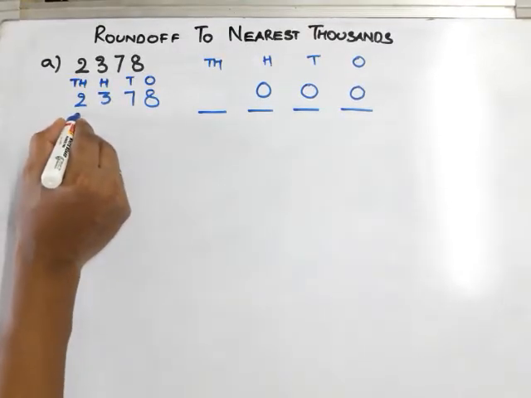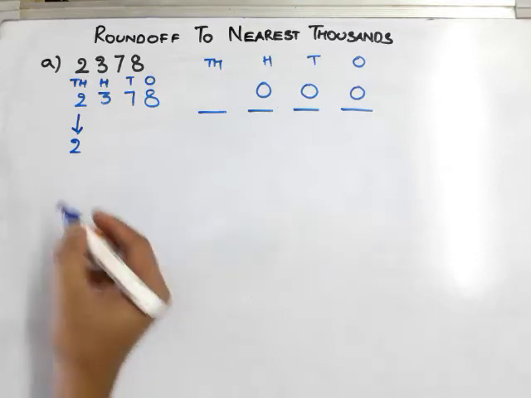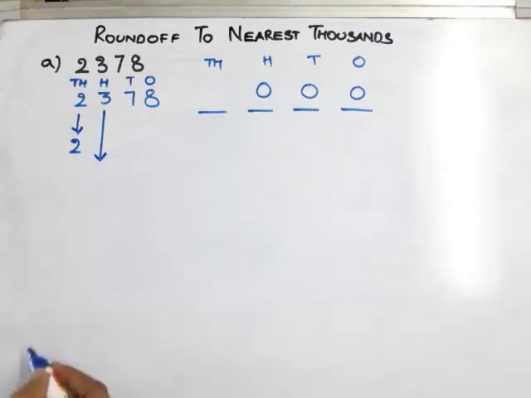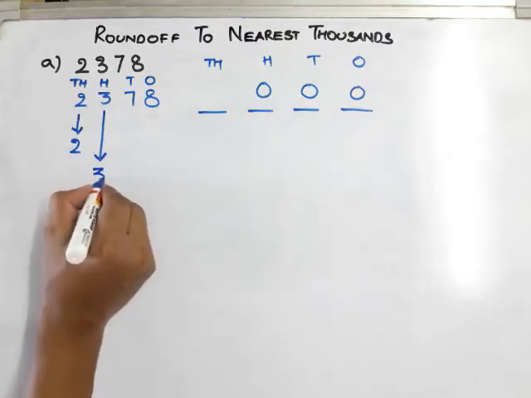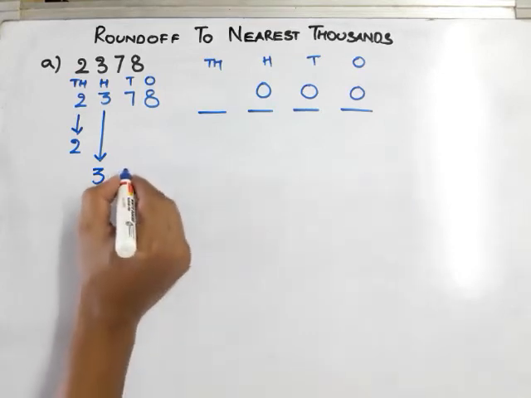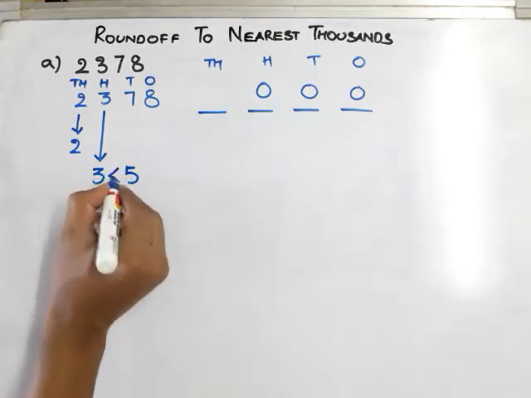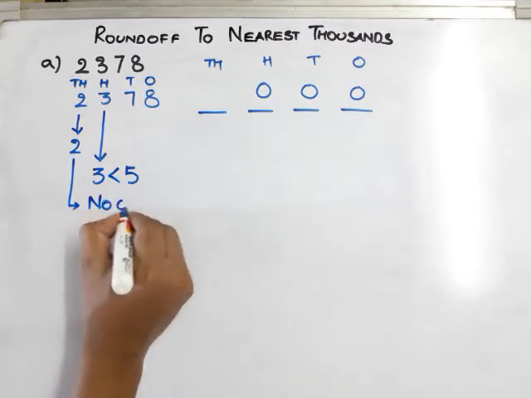Now the digit in the thousands place is 2. In order to fix the value of it, or to round it off, we have to check the previous place value, that is the hundreds place, and it is 3. And always we have to compare it with 5. As 3 is less than 5, no change.